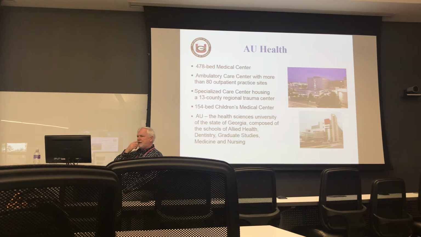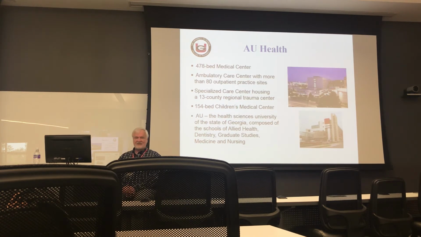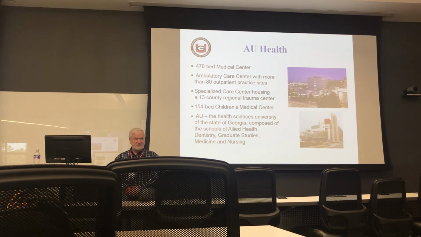So this is what we do at AU Health, and to give you, for folks who aren't familiar with AU Health, a little background: a 478 bed medical center. It's an ambulatory care center with more than 80 outpatient practice sites. A specialized care center housing a 13 county regional level 1 trauma center. That's the highest level.